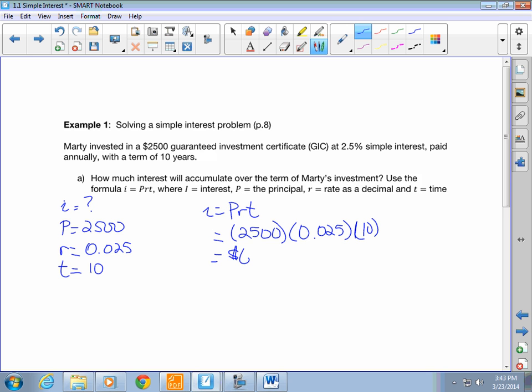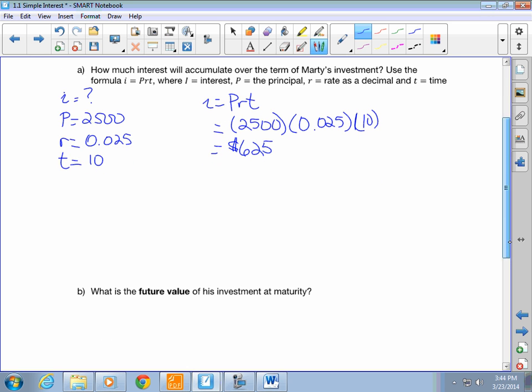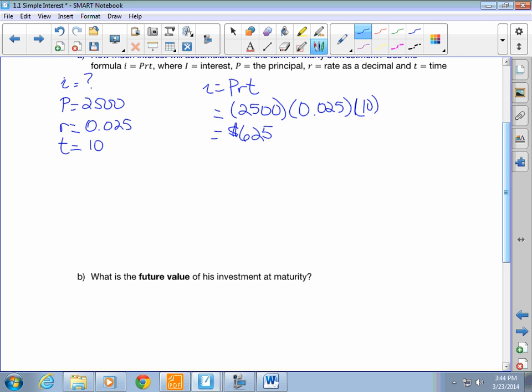So my interest earned in 10 years would be $625 total. So future value, what is the future value of his investment at maturity? So future value is equal to your principal plus your interest.